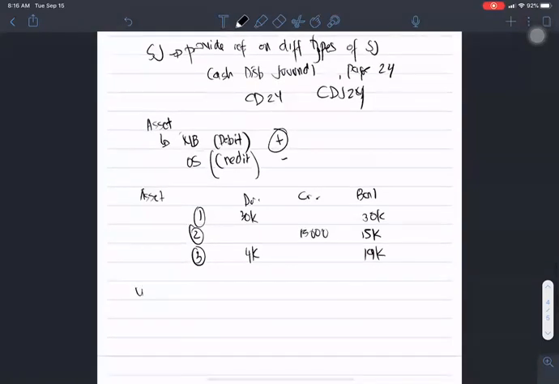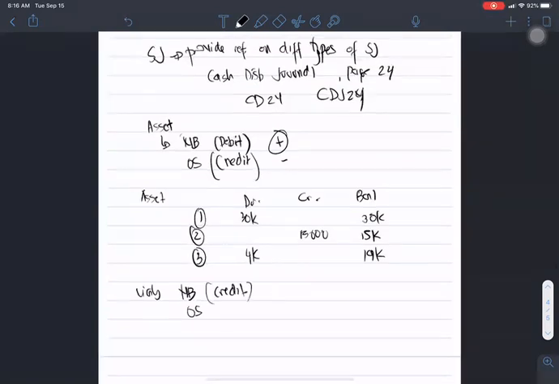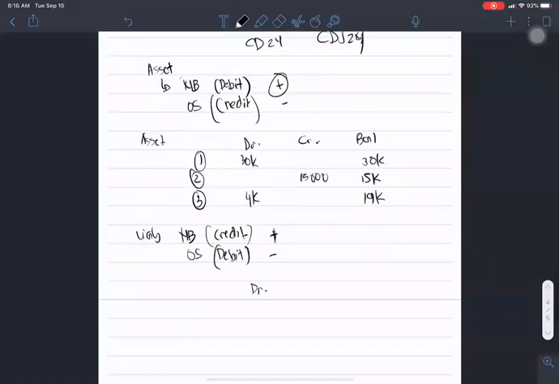How about if that is a liability? What is the normal balance of the liability and what is the other side? The normal balance of the liability is your credit. So we will increase it during credits and then we will decrease during debits. So assuming we have these different transactions.